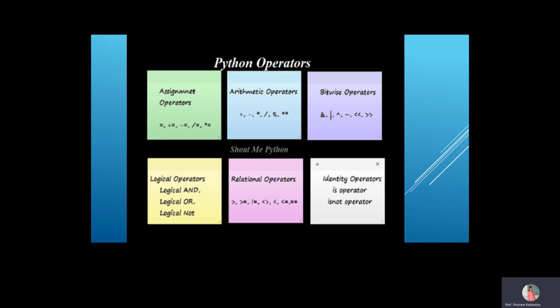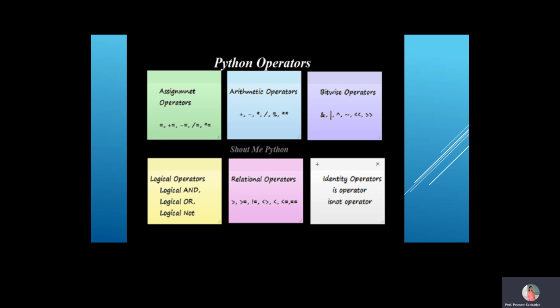The is operator is used to return true if both variables are the same object. Now the example: suppose x and y are two variables. x is y is called as the is operator.